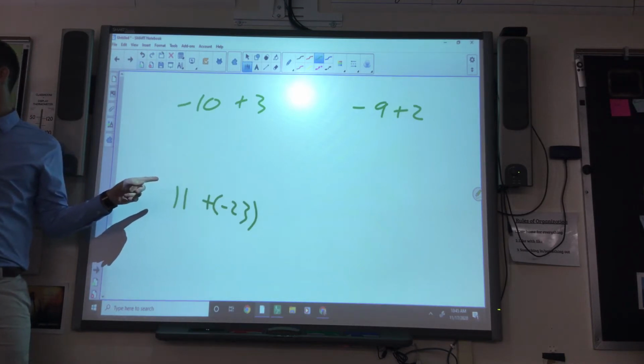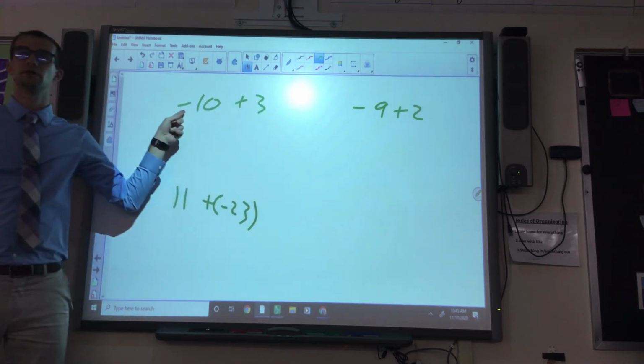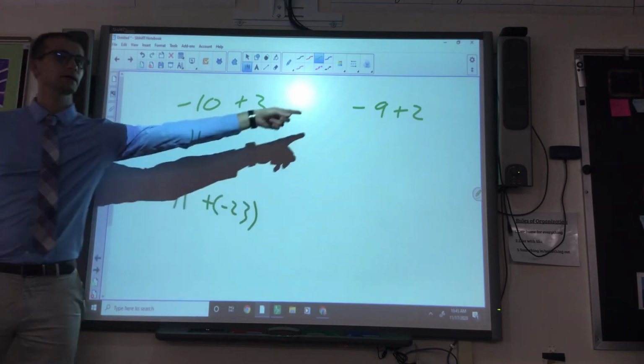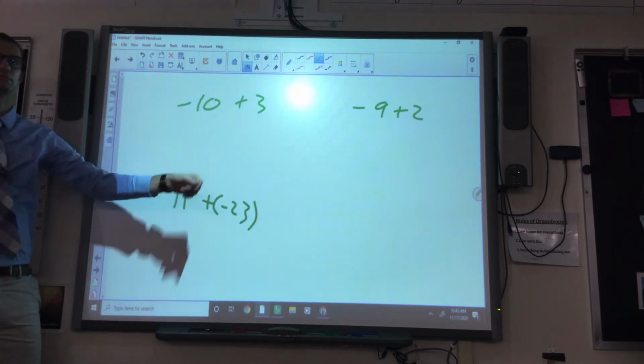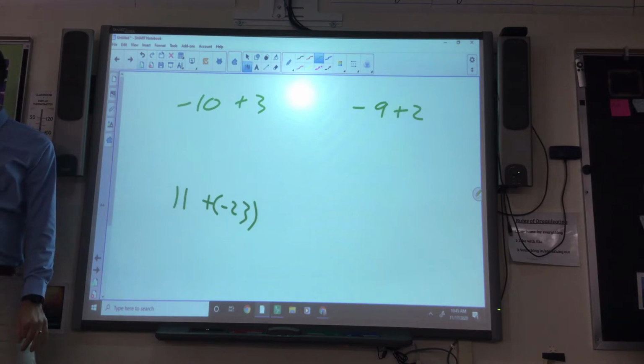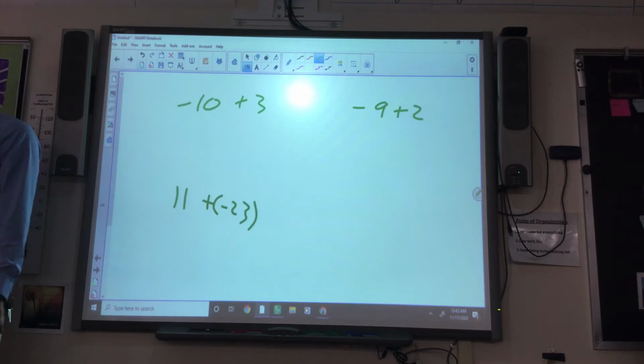That one's yours. You can have this one. I'll make theirs 9 plus 2. And then negative 10 plus 3. Okay, go for it. You guys got 30 seconds. Not on the board, on your paper. Then show me the work on your paper with the number line.